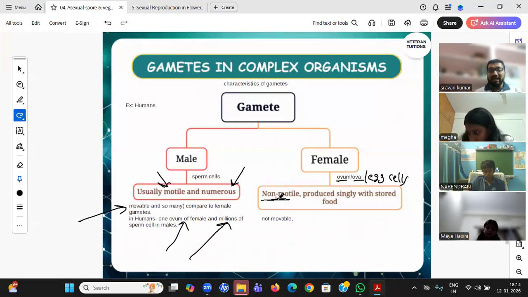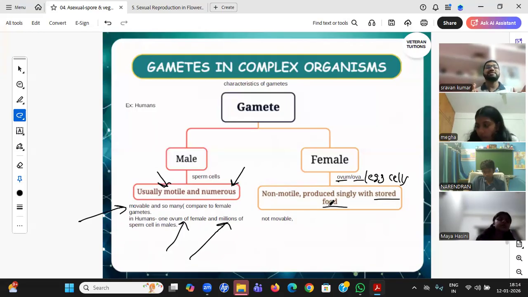They are non-motile. They don't move. They're fixed at one particular place, or they move only within a very near region. They are produced singly, which means a very small number. In plants we have seven, in humans only one egg cell. But it comes with stored food. What does stored food mean?